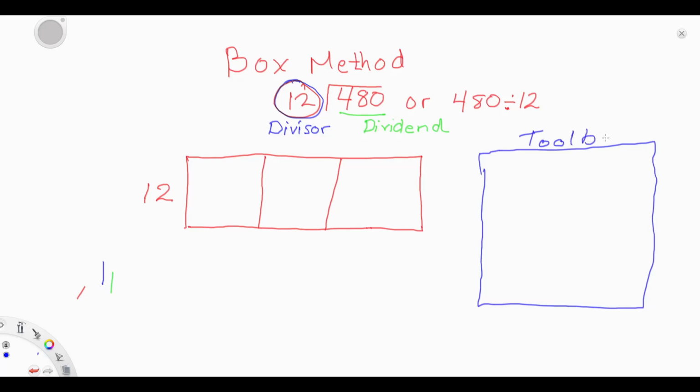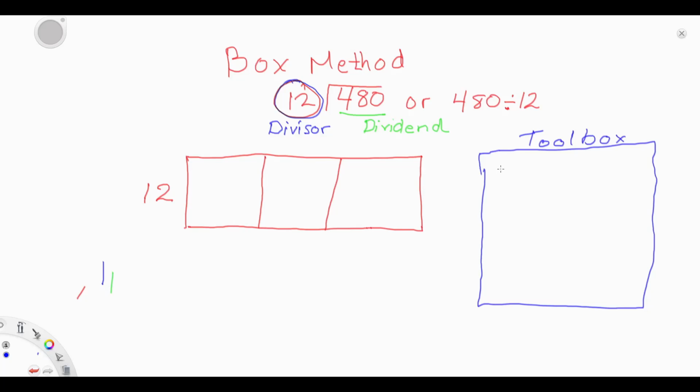Now keep in mind, a toolbox, especially for a person that does manual work, meaning working on cars, an electrician, a plumber, they all have toolboxes. They all use toolboxes to carry tools that will assist them in fixing whatever problem they're presented with.